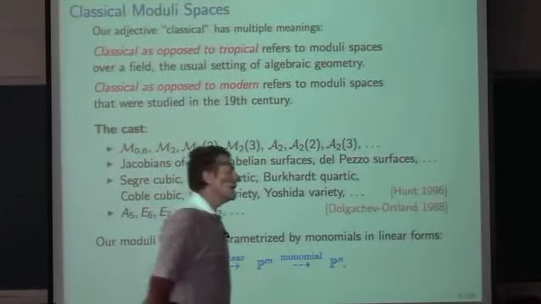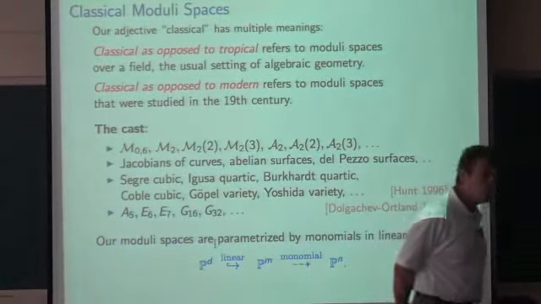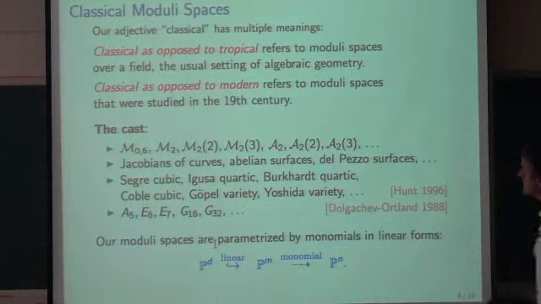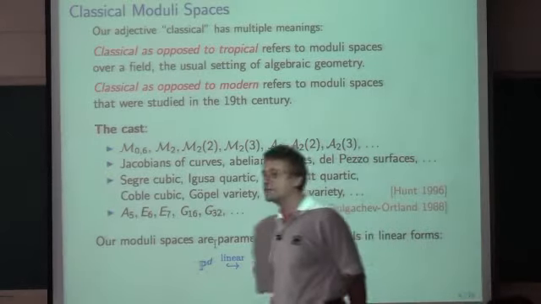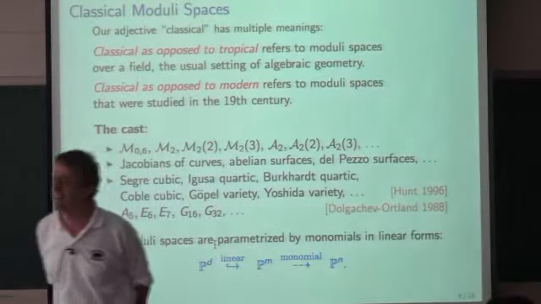Now, classical in this lecture has at least 2 different meanings. The first meaning of classical is classical as opposed to tropical, right? Tropical means I do the min-plus algebra. So in tropical math, 3 plus 5 is 3, and 3 times 5 is 8. That's not classical, that's tropical.